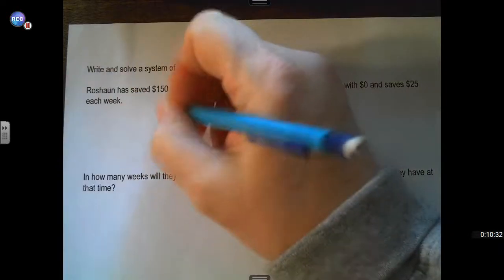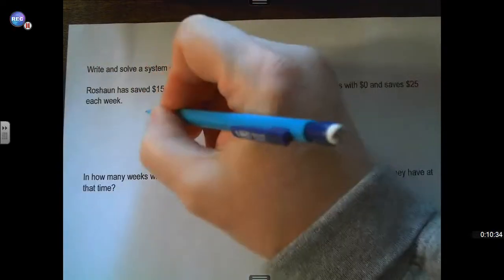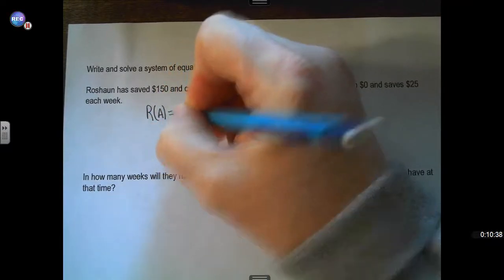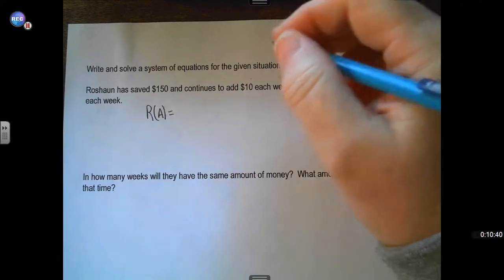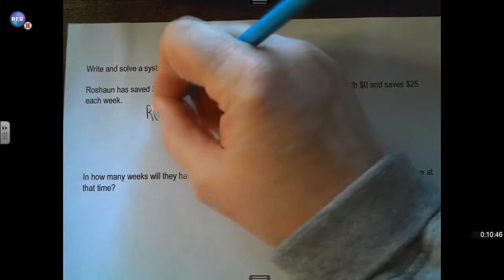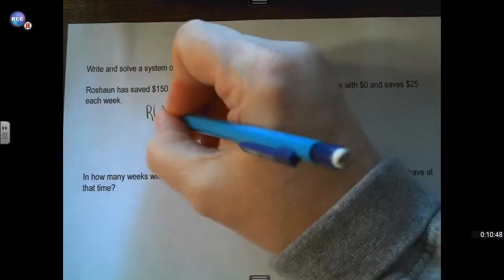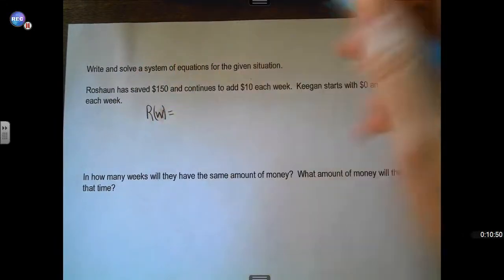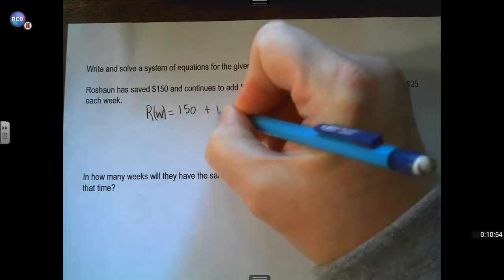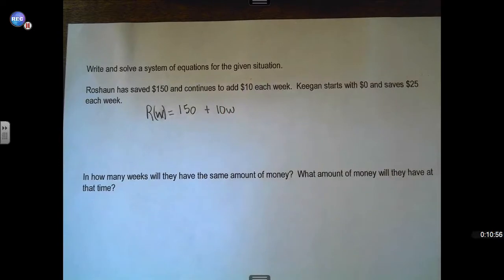So let's use R of W, it's going to make more sense because it's weekly. And so he starts with $150 and he's adding $10 a week.